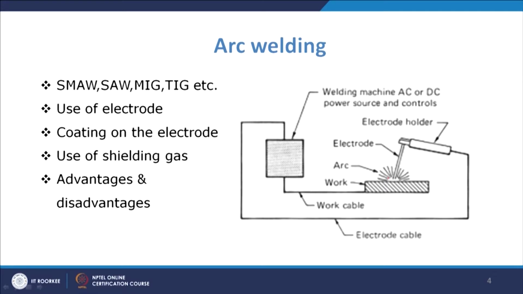That ionizes the gaseous column between the two electrodes, and because of the jumping of electrons at a very high speed, a large amount of heat is generated in the form of the arc. This arc has a high temperature of the order of 6000 degrees centigrade, which melts the material instantly, and at the same time you can have the filler wire, which will also be melted, and then fusion takes place.